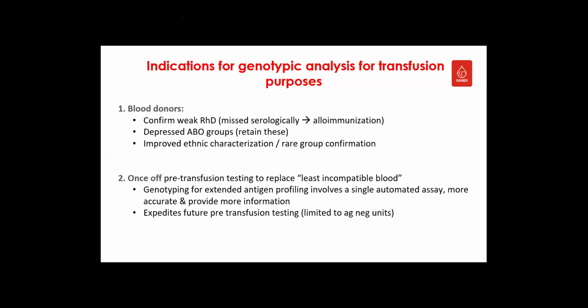Then obviously in the patient setting, ideally you would want to do a once-off test very early, before multiple transfusions happen, pre-transfusion testing of your patient to determine the original blood group, because there may be a transplant, or sensitization for whatever reasons. There may be you as a doctor providing biologic therapies that interfere with serological testing.